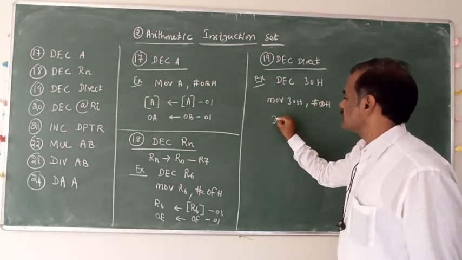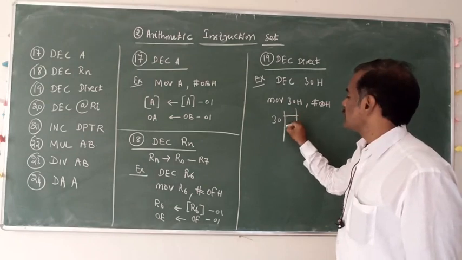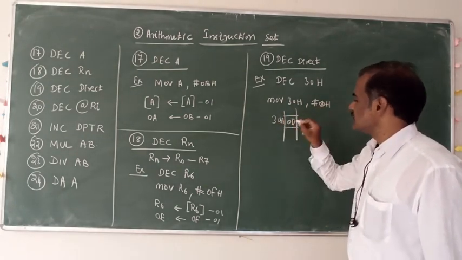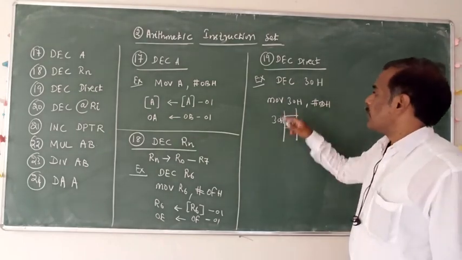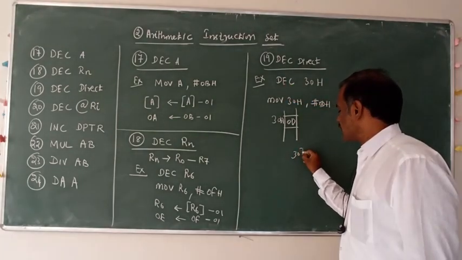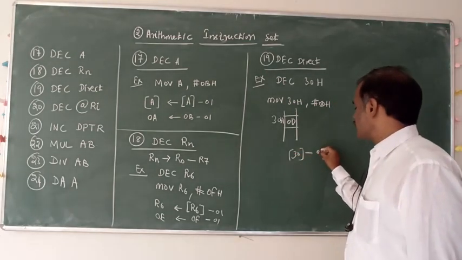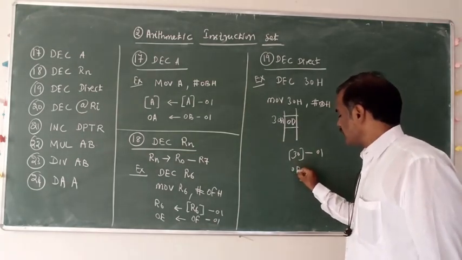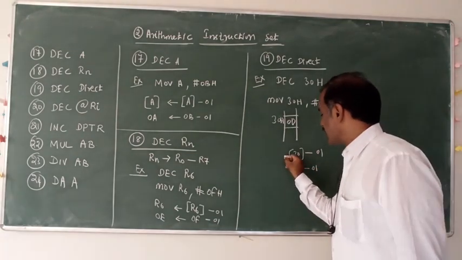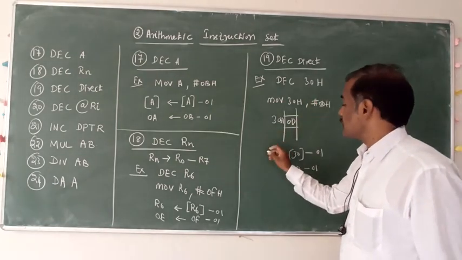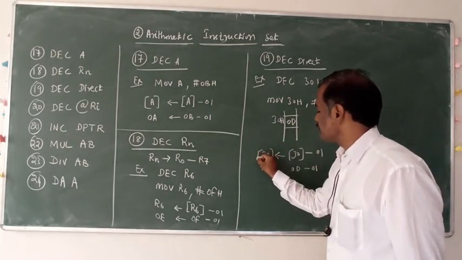This is a memory address location. In this address location data 0D. After DEC 30H, the memory address location data minus 01. Now the address location data 0D minus 01 and the result to move to the given memory address location itself.